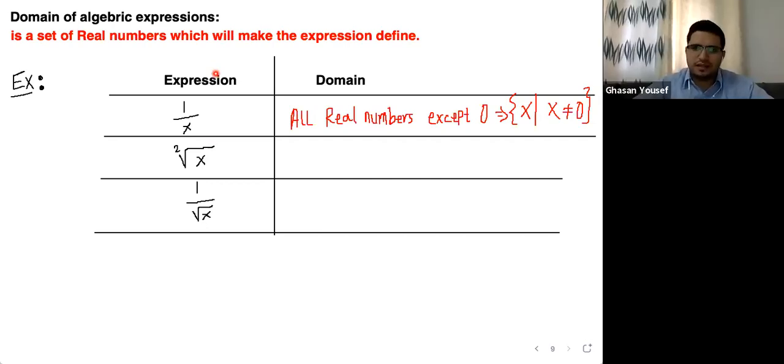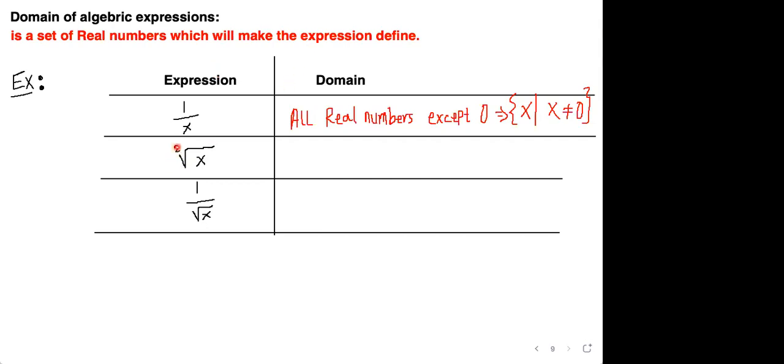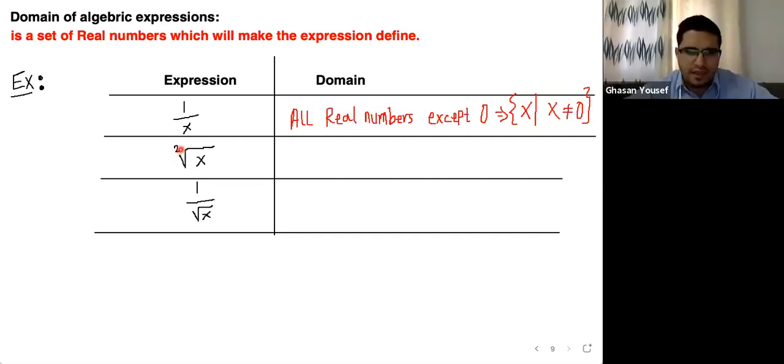So I said last time, if the nth root is even, like 2 or 4 or 6 or any even number, I cannot plug negatives here. It must be positive or 0 only.